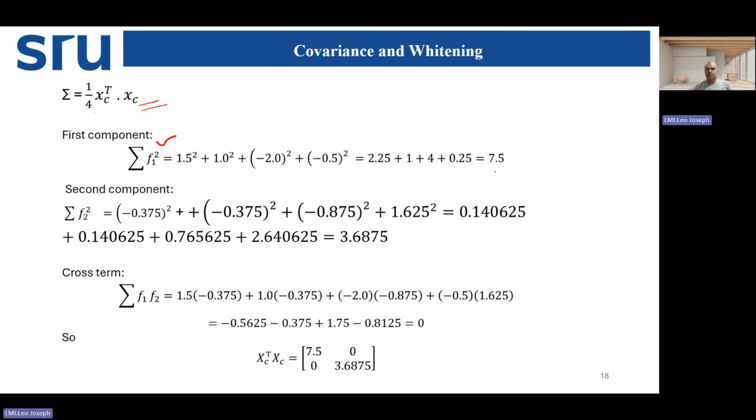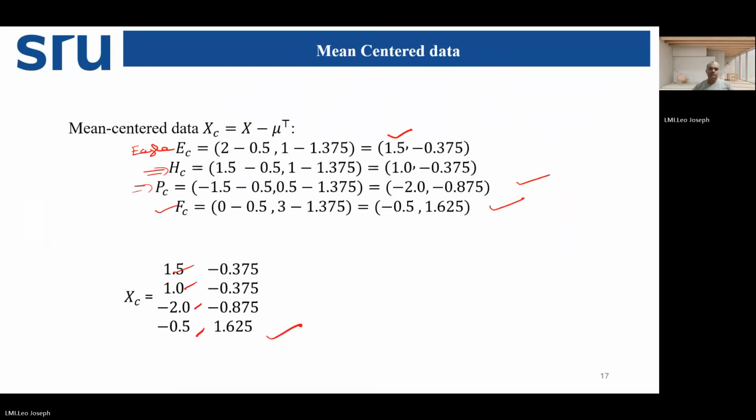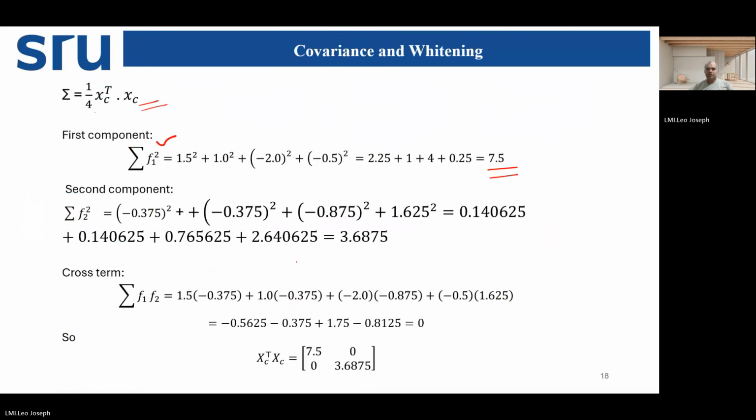If I compute, I get the value 7.5. Second component: minus 0.375, minus 0.375, 0.875, 1.625, all squared. I am getting the value 3.6875. After that, the cross terms. If you multiply the cross terms, you will get the value 0.